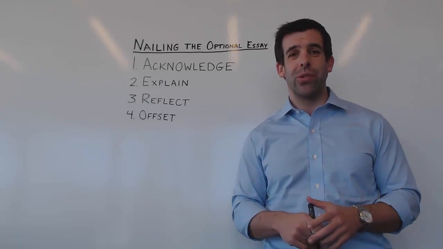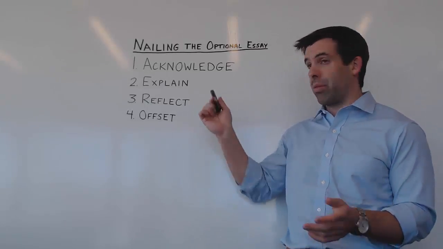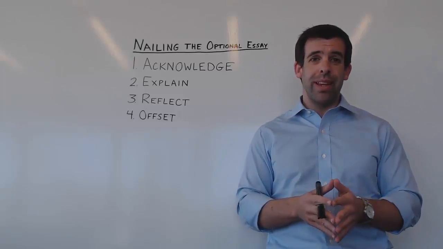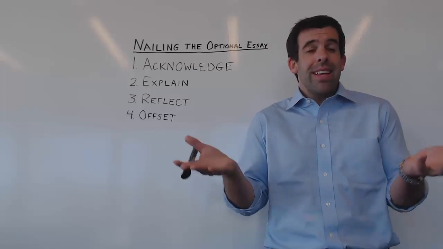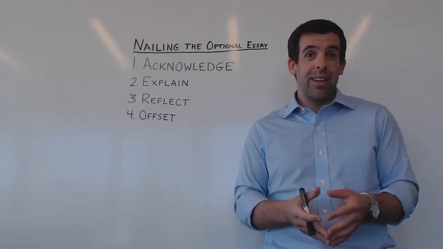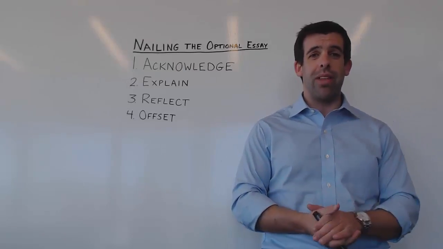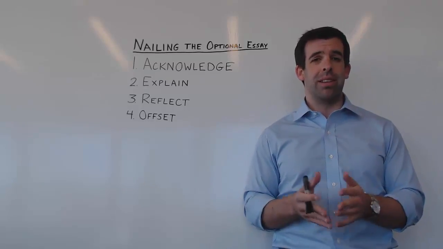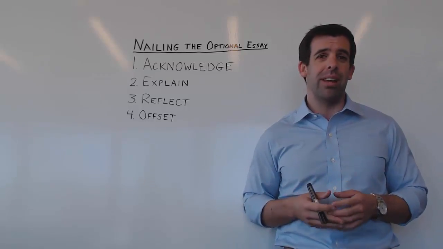If it's a GMAT issue, maybe you're explaining, maybe you were going through a tough time when you were taking the test, or maybe your explanation is simply that you've never been a great test taker. I mean, that's actually true for a lot of people, and there's something logical about that explanation, and say, I've just never been great at standardized testing. It's just not a strength of mine.